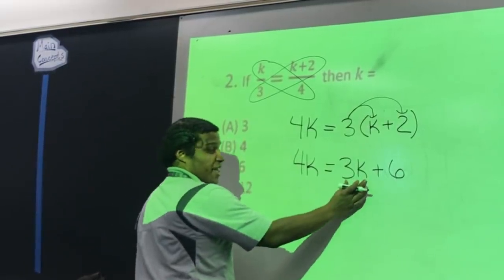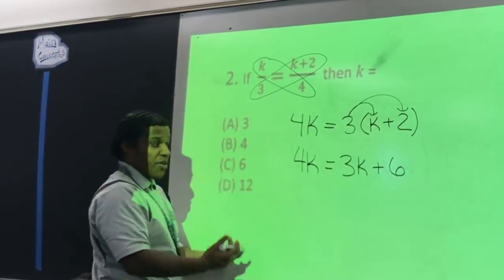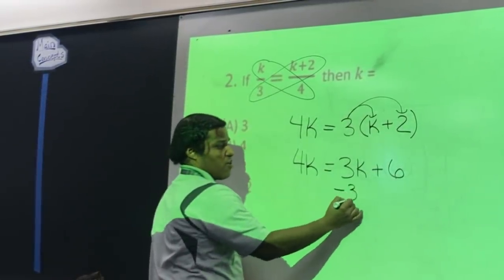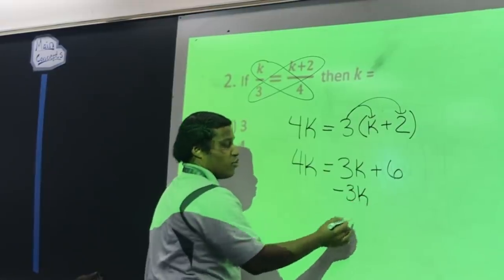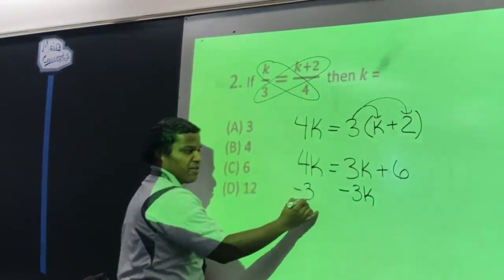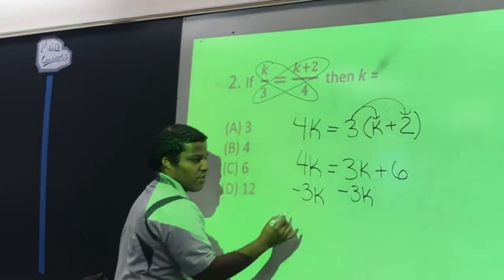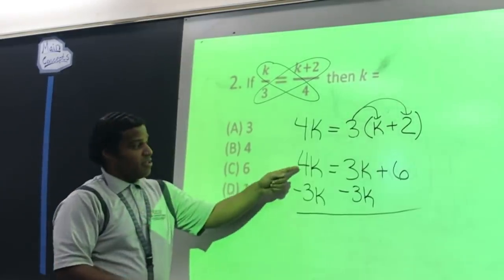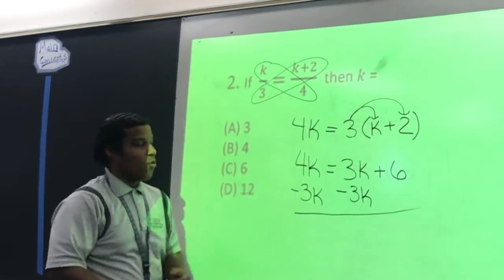We have a 3k being added to 6, so I know the opposite will get it onto the other side. I will subtract 3k. What I do to one side of my equal sign, I do to the other, so I subtract 3k. What this leaves me with is 4 minus 3 giving me 1k.